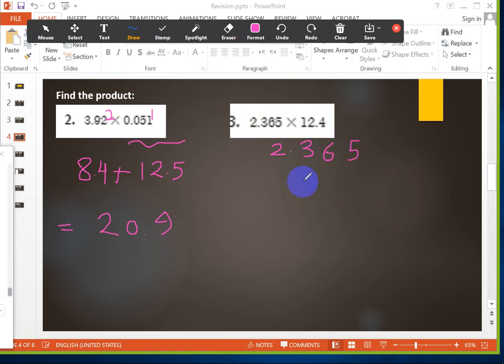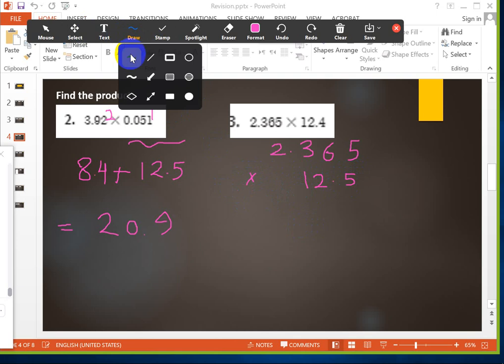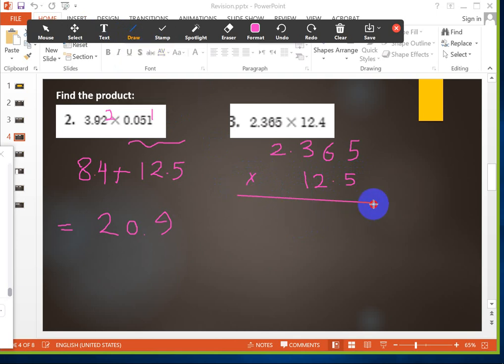Okay. First thing, girls. First thing, I will multiply like there is no decimal point. So I will forget the decimal point and multiply the numbers like there is no decimal point. This is the first thing.